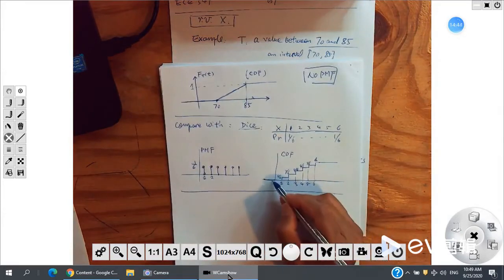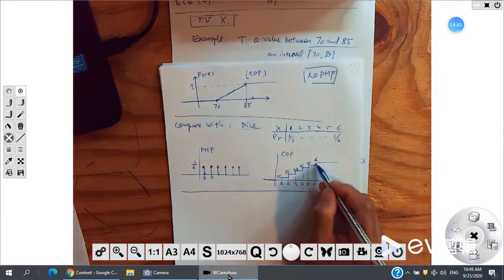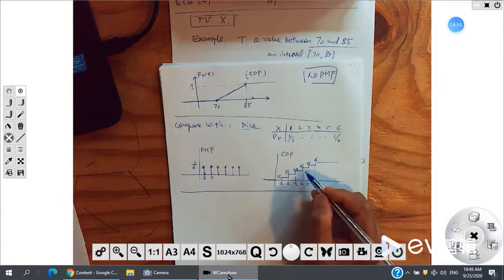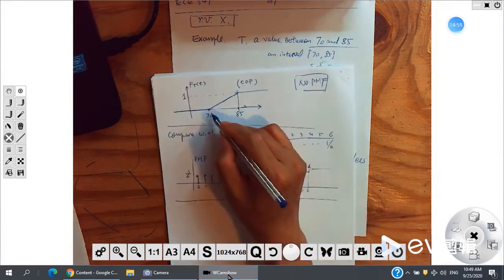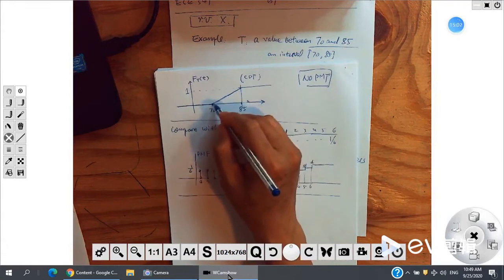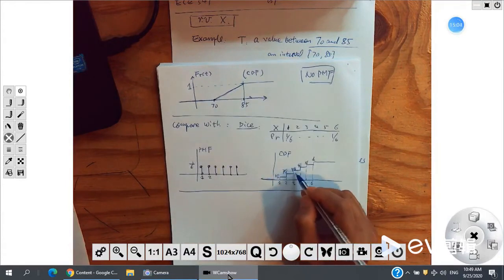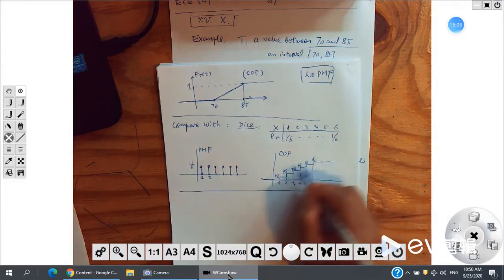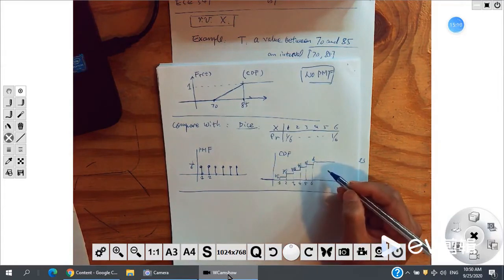The CDF is still a kind of ramp, but here people make stairs, so it is not a natural ramp. This is the natural one. It's like you climb a mountain, but here people make stairs on the mountain.